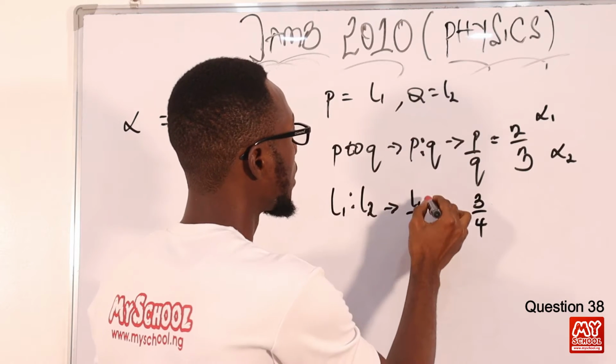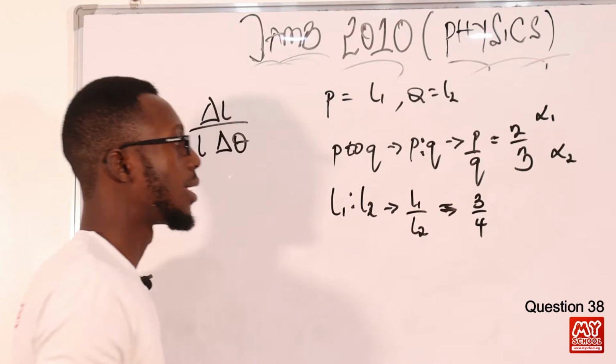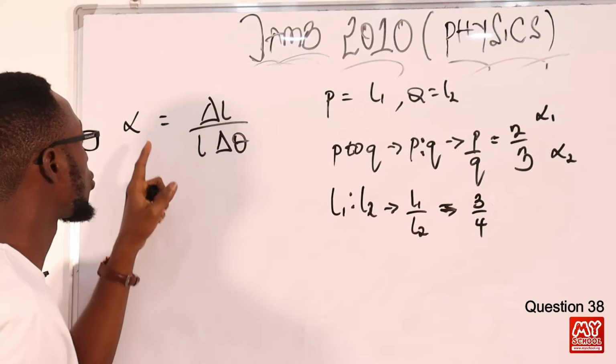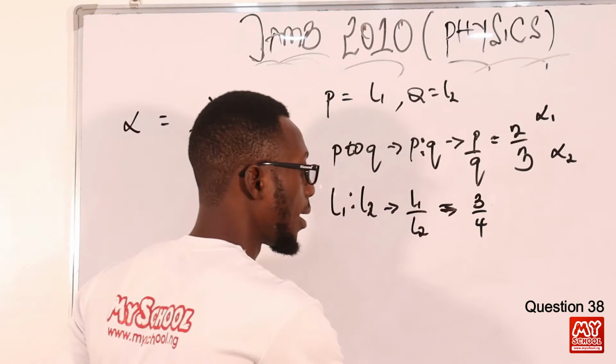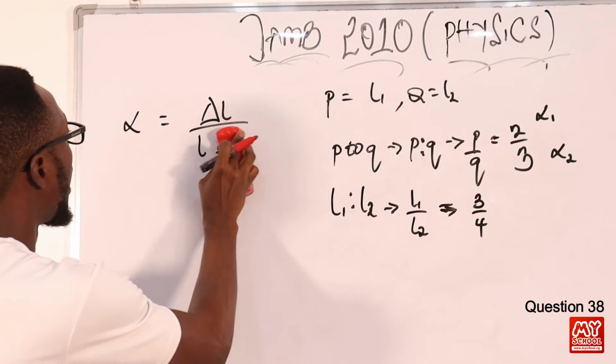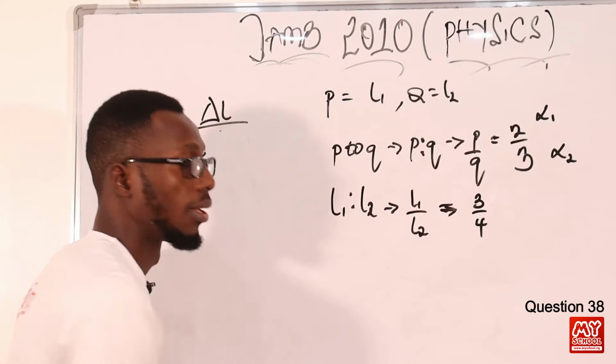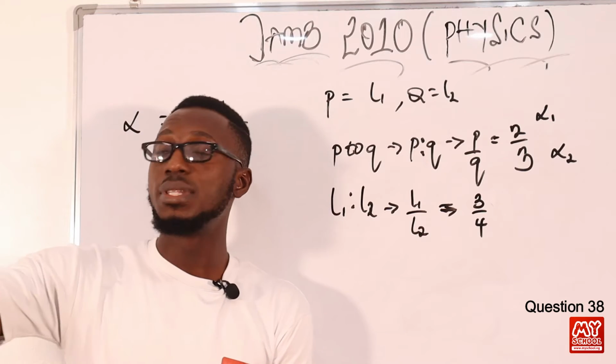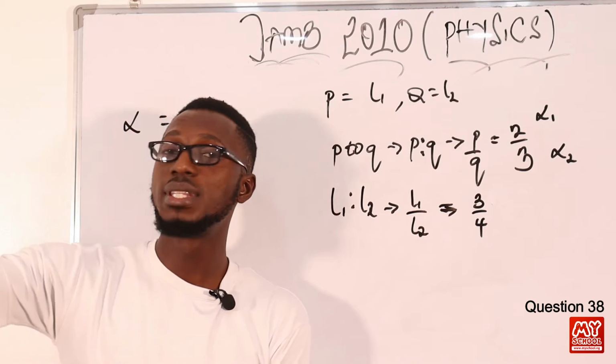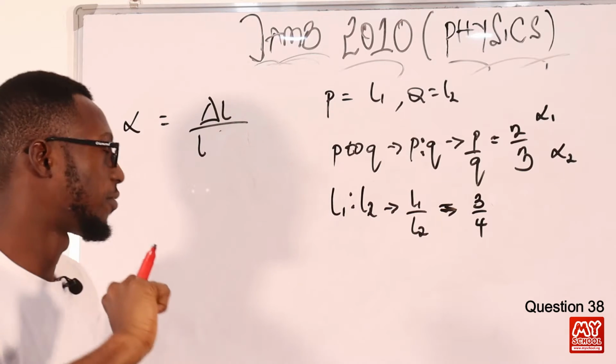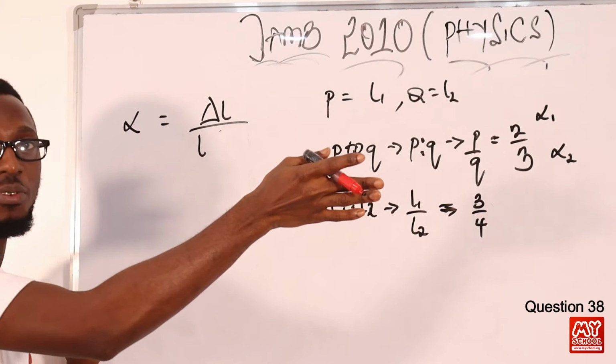Simply put, L1 is 3, L2 is 4. So let's use this formula. Remember I said they utilize the same temperature difference, as we can see from the question. Very good, so I can remove temperature.